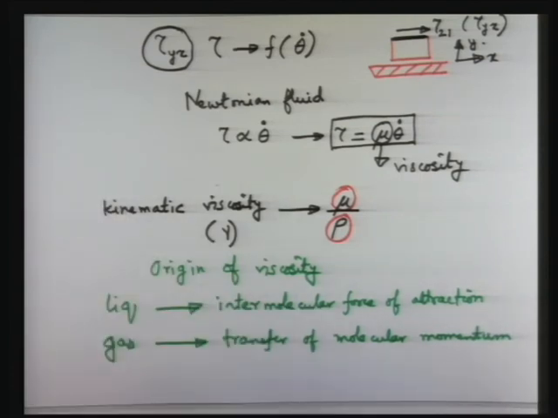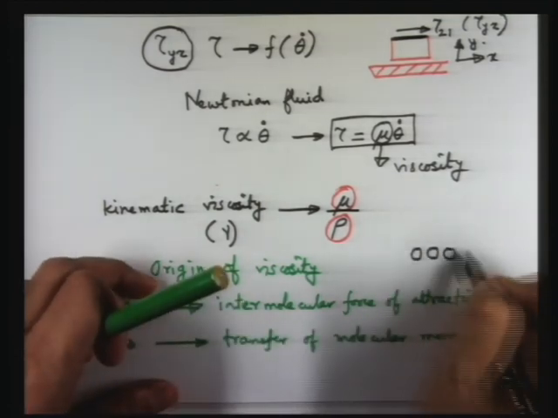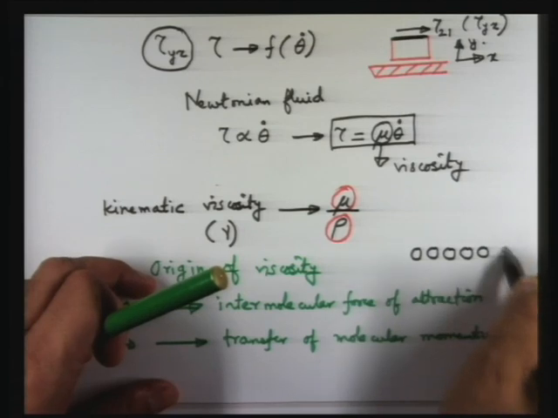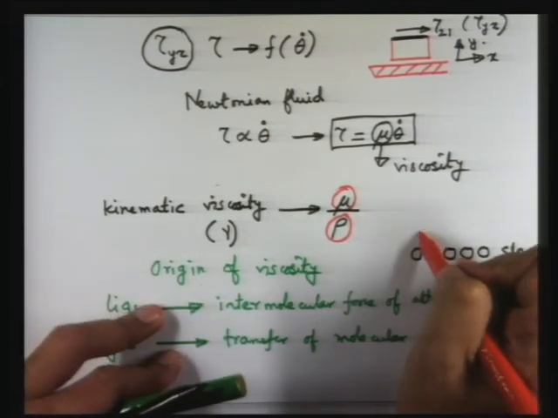So what is transfer of molecular momentum? I will just briefly discuss. Let us say that these are slow moving molecules, and let us say these are fast moving molecules.